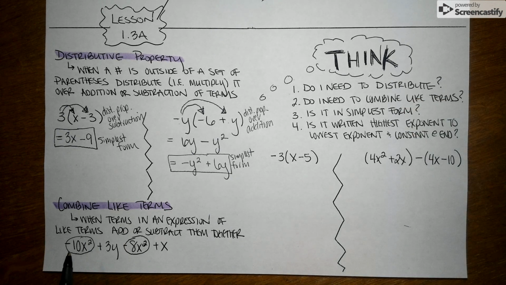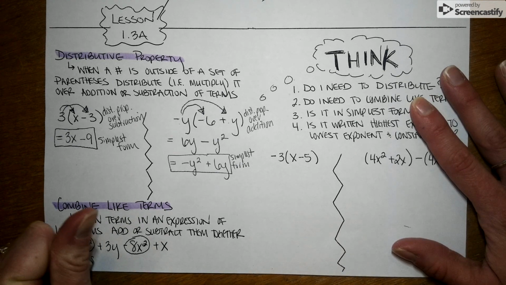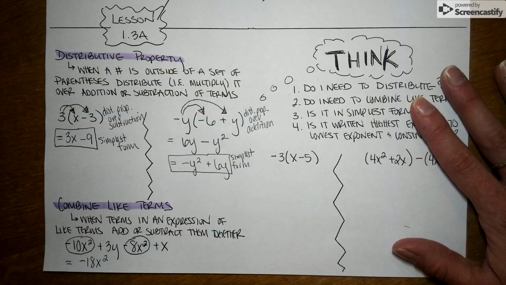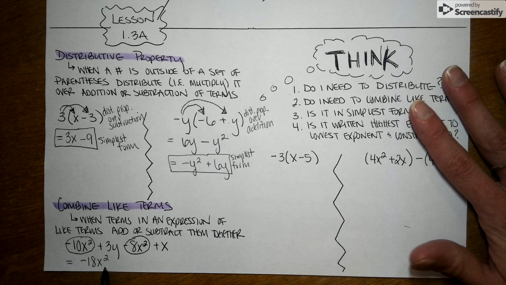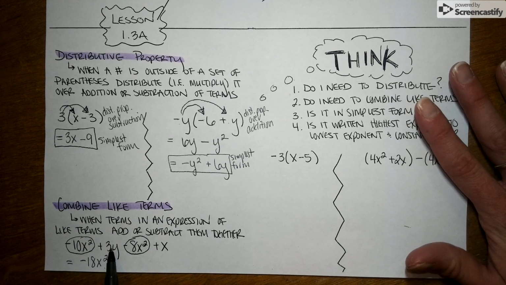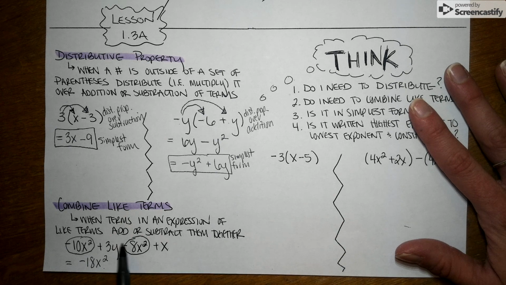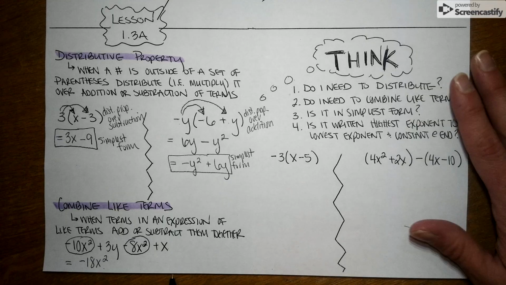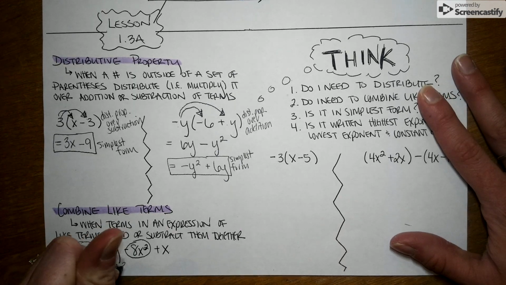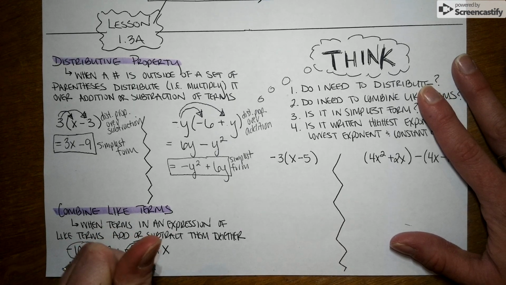So if I'm at negative 10 on the number line and I subtract 8 more, I end up at negative 18, and then x squared. And then when I look at the 3y and the x, I can clearly see that these are not like terms, so I cannot add them together. So I'm just going to go ahead and copy the plus 3y and the plus x down to my next step.